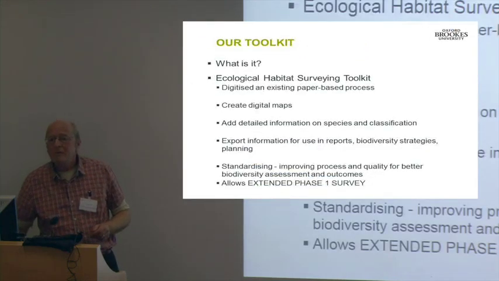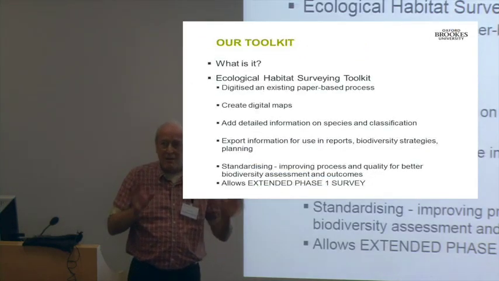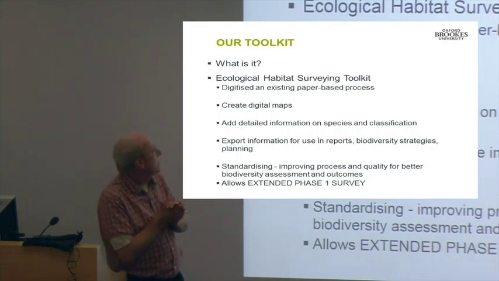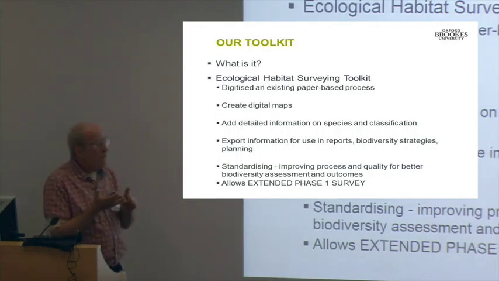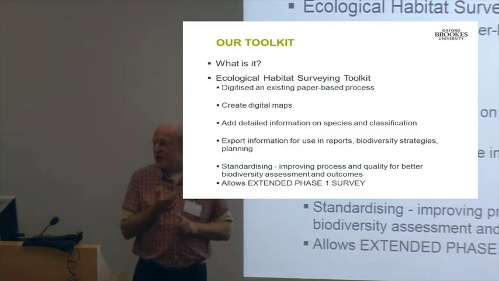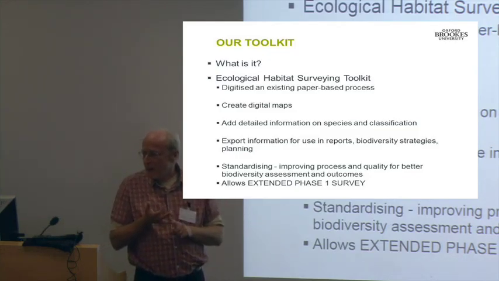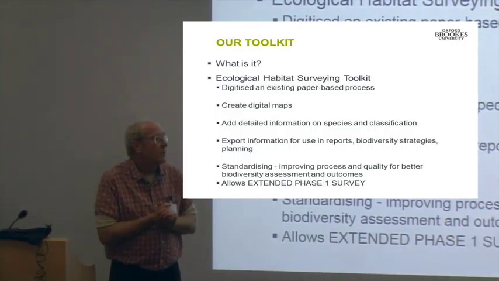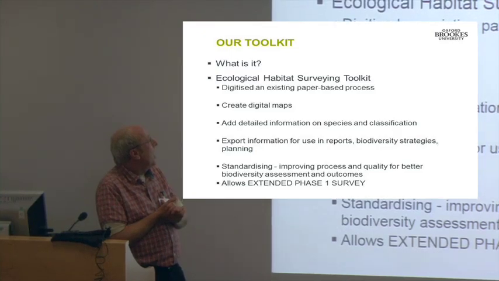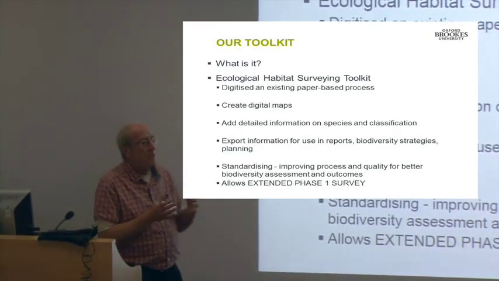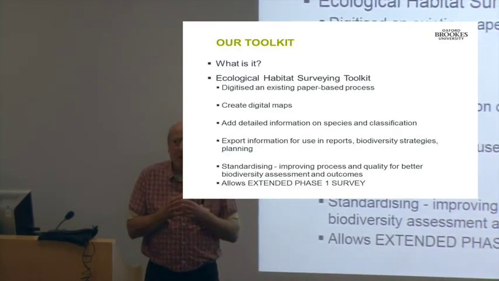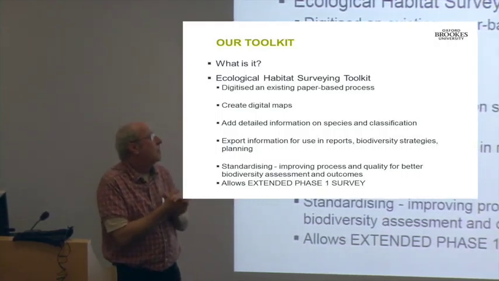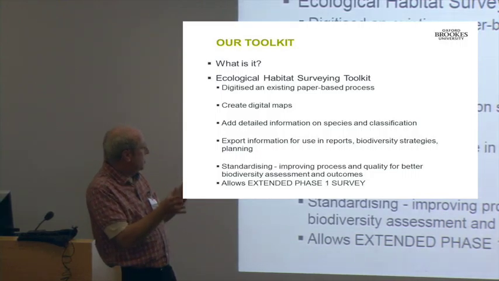So we at Oxford Brookes came up with what we think is a good solution to make things much more efficient. We've actually produced, I'll call it a digital tool, to do all the field work on a tablet, on an iPad, and from that we can create digital maps. We can code all our habitats to our standard classification systems.